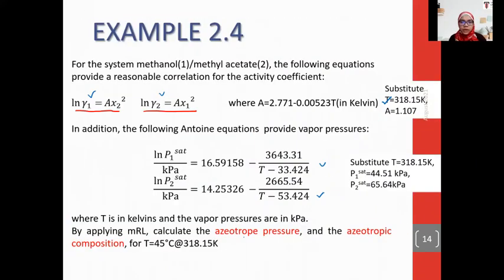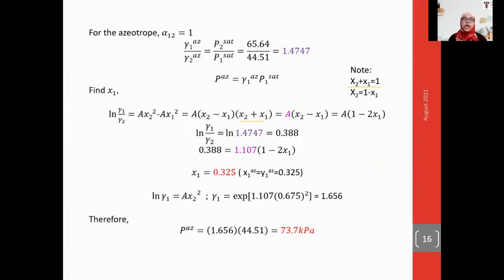Okay, the next question is to calculate the azeotrope pressure and composition. After we define whether the azeotrope exists or not, we proceed to determine the azeotrope pressure. For an azeotrope, alpha equals 1.